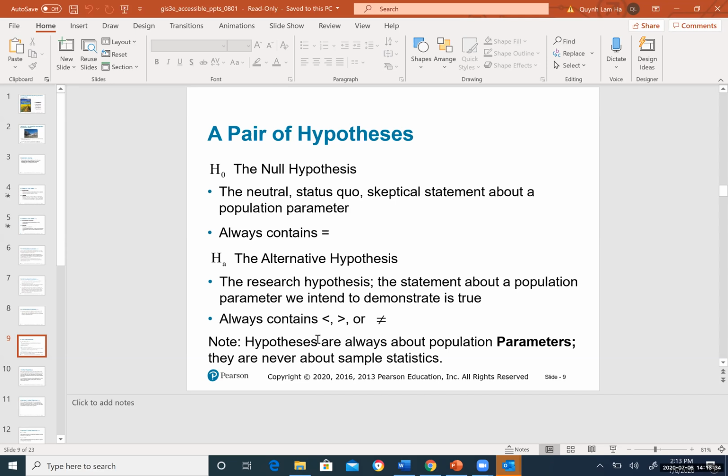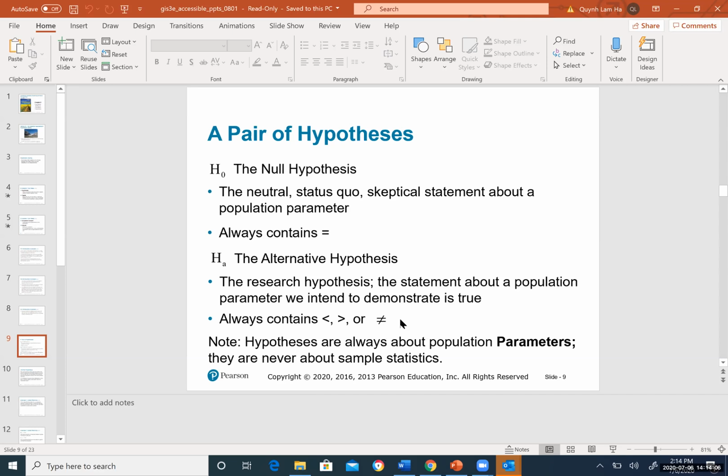And it always contains HA less than a number, decimal number, fraction, or percent. Or case 2 could be HA greater than a fraction, percent, or decimal number. Case 3 will be HA not equal to a fraction, or percent, or a decimal number.